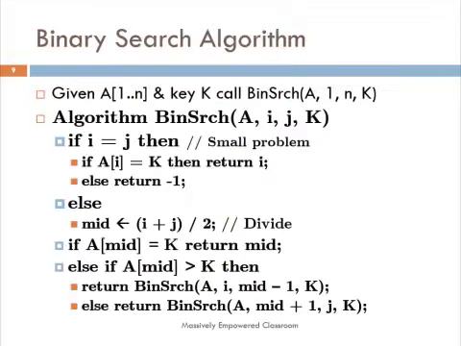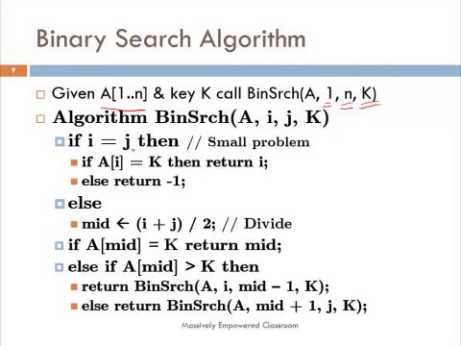So let's write down the algorithm for binary search. You are given an array A, which goes from 1 to n, and a key k, and you invoke the binary search algorithm by passing it the array, the first value of i and the first value of j, which is 1 and n, and the key element.